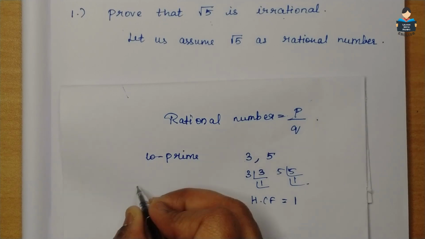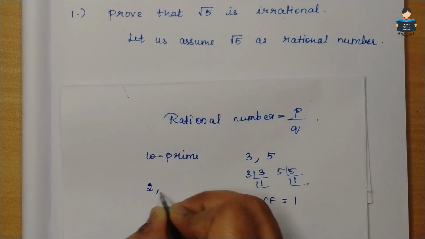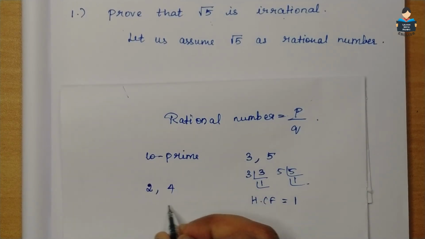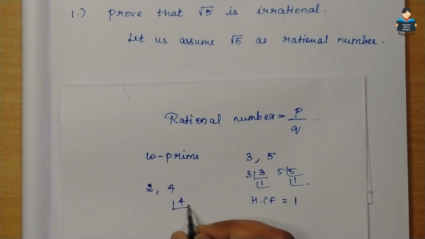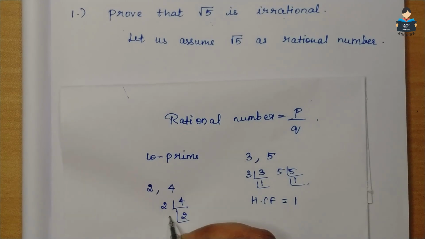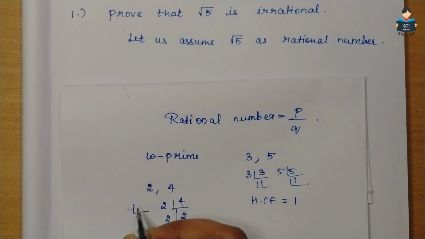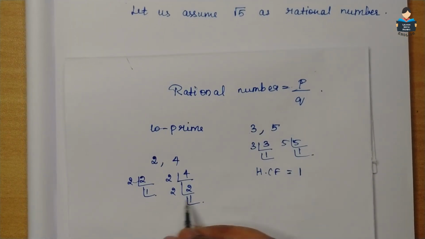If we take another example, say 2 and 4, if we do prime factorization for 4, we will get 2 two times, and for 2 one time. So here the HCF of these two numbers will be 2.